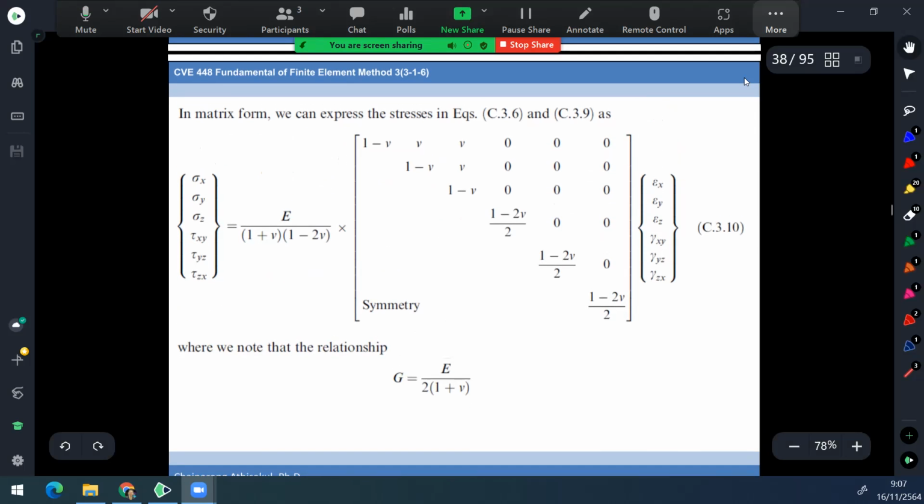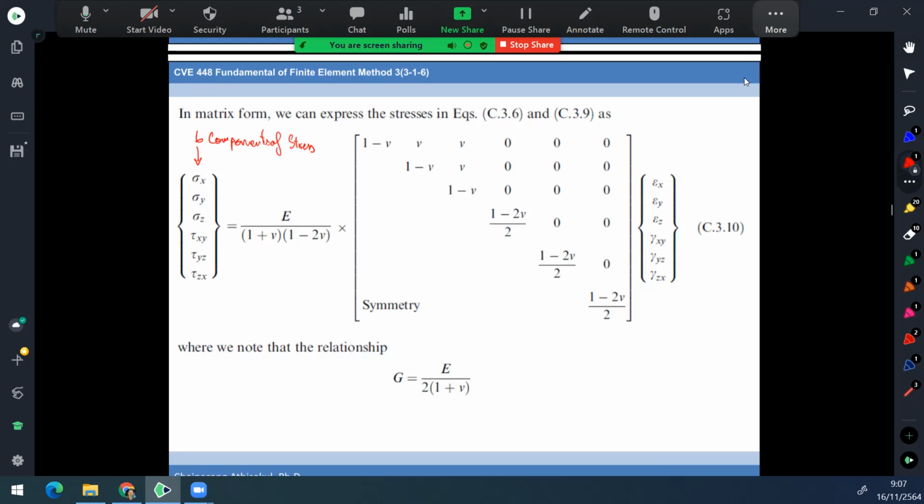We know that the six components of stress are related to the six components of strain by this equation.